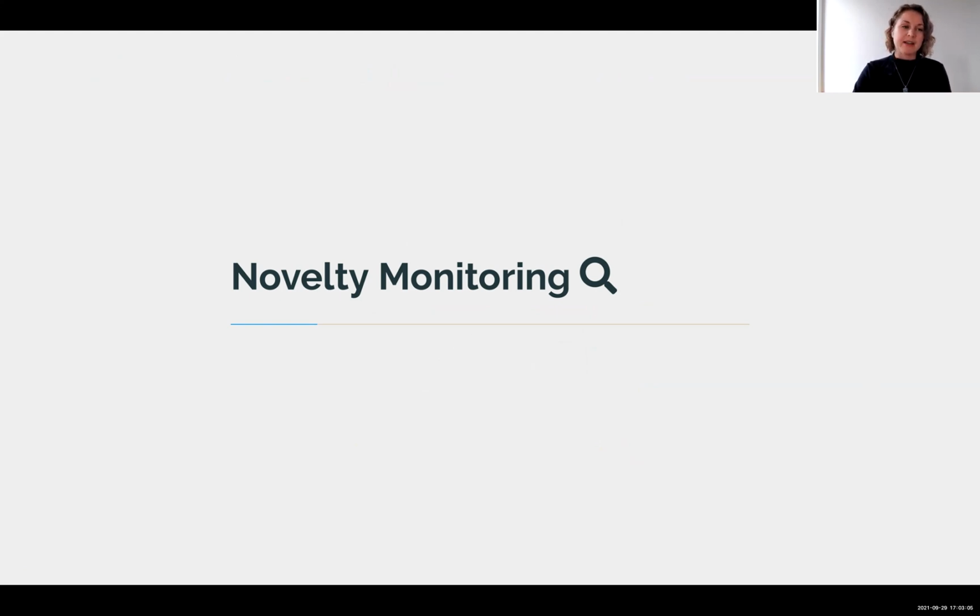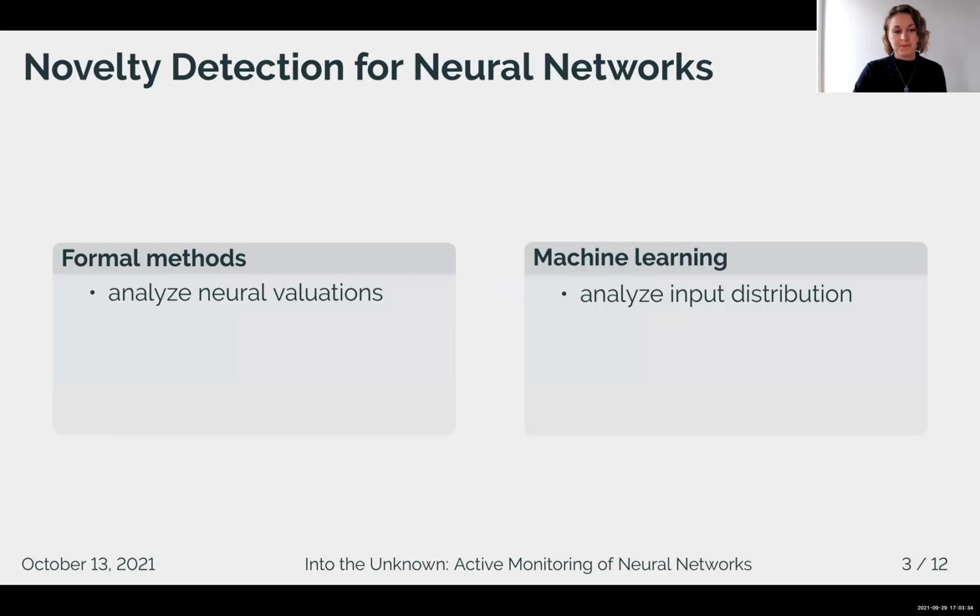And what we mean by that is that when novel inputs enter the neural network, and the neural network is trying to predict what kind of classification these inputs should have, we monitor what's happening inside the layers. And we try to warn the observer or the user if the neural network is not sure about the prediction. And maybe the input has a completely novel class that it has never seen during training.